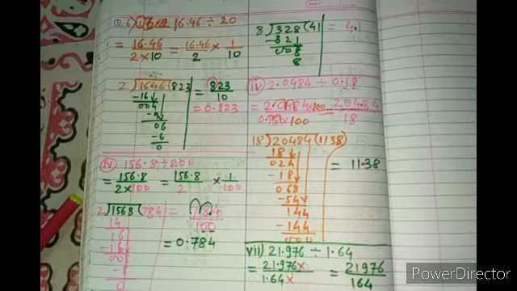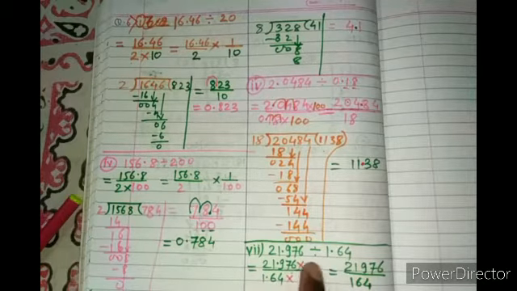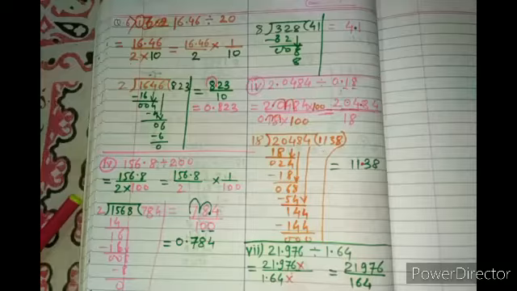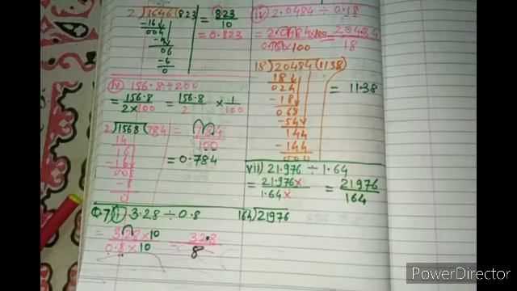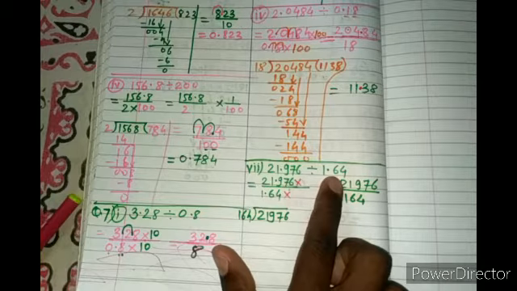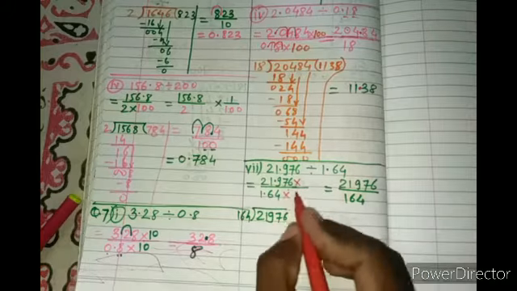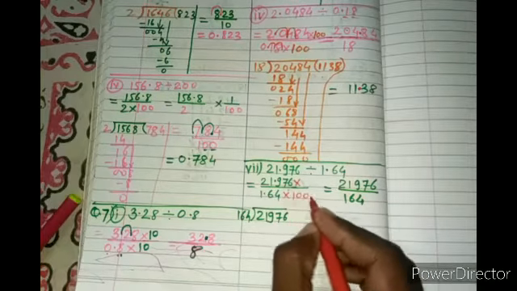Now in problem number 7, 21.976 divided by 1.64. So here, how many digits after the decimal point in the divisor? 2. So I will multiply by 100, right?